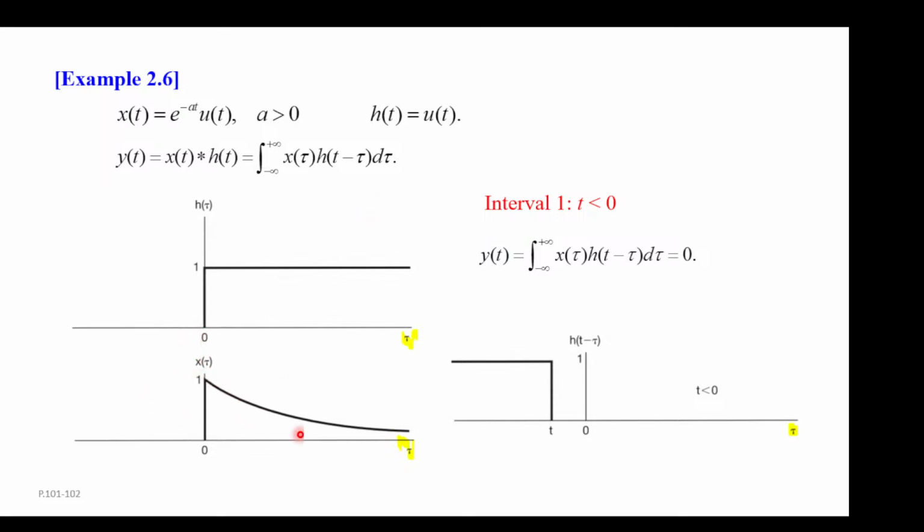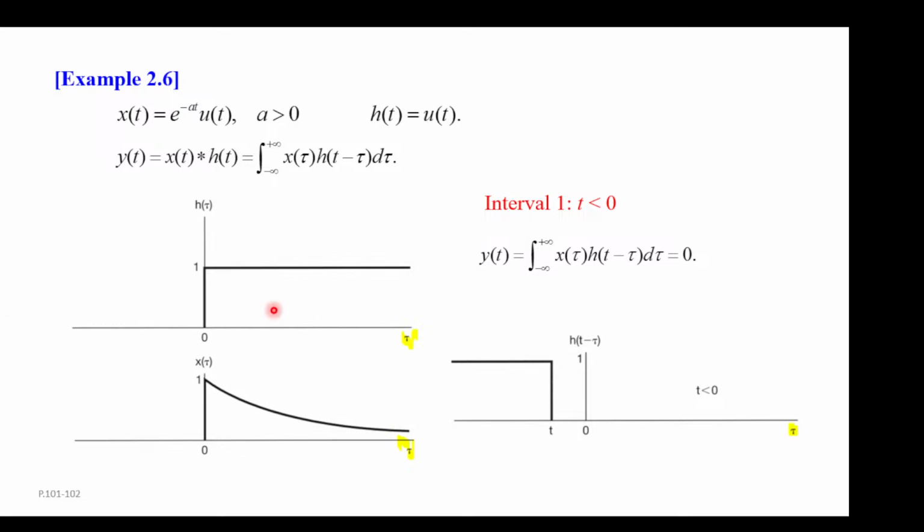We have x of tau, an exponential decay starting from some time, and h of tau, which is a constant. The result is similar to the discrete case: you do the time shift, plot h of t minus tau as a function of tau, and then do this integral.